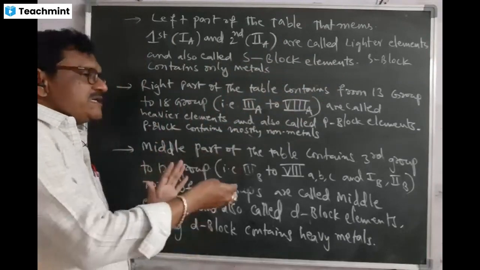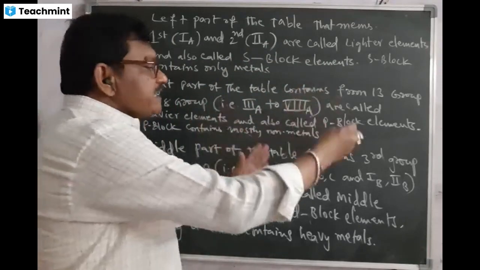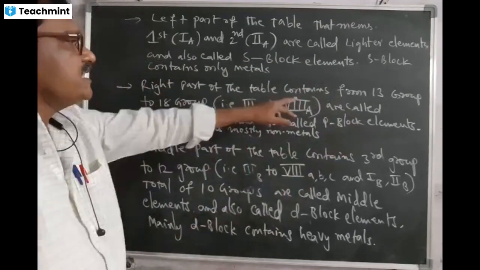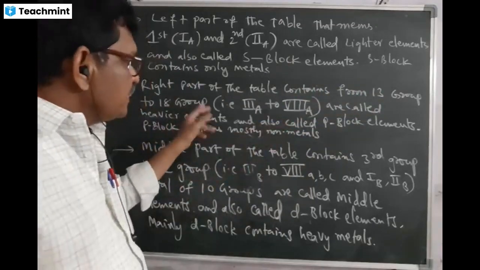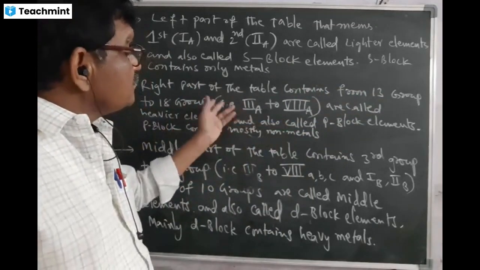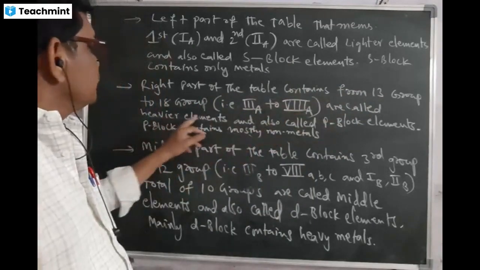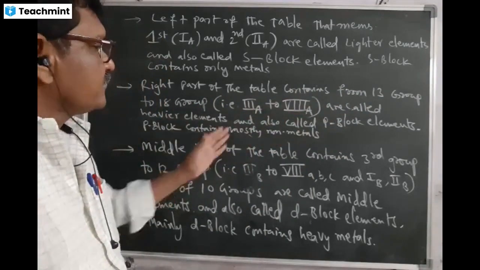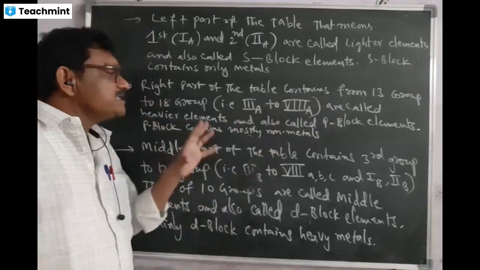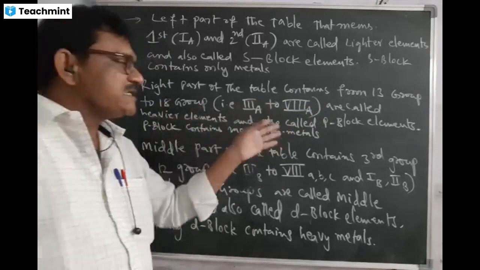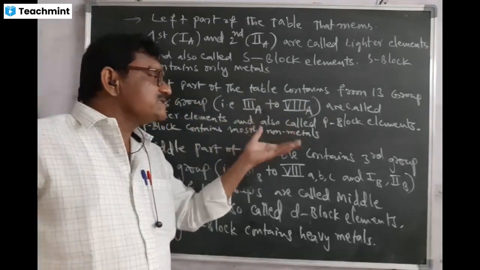Then the entire right part of the table, which starts from 13th group to 18th group, also called third A to 8th A groups, are called heavier elements, and also called P block elements. This block contains mostly non-metals.